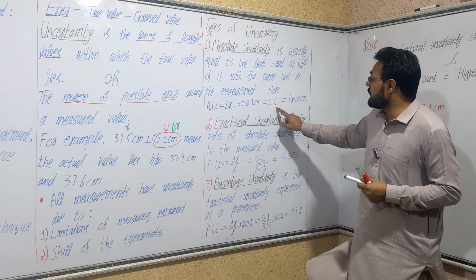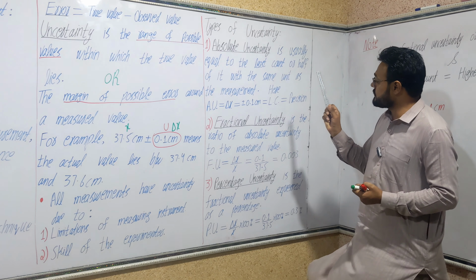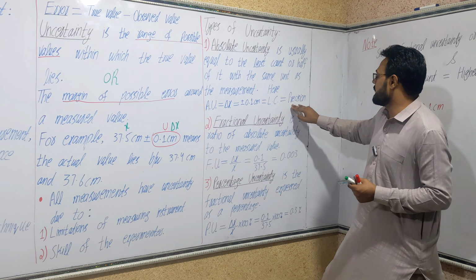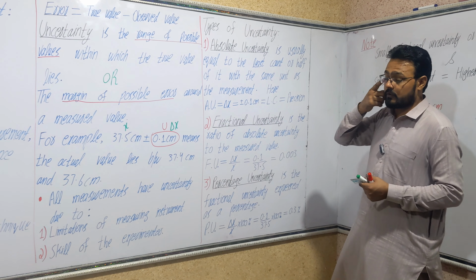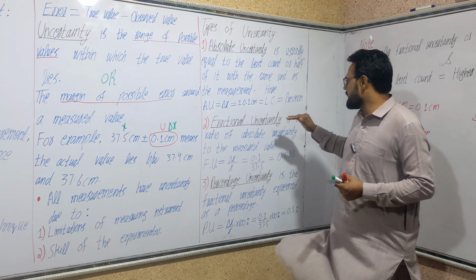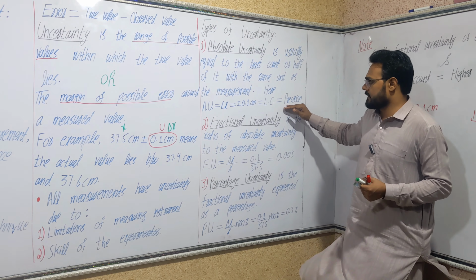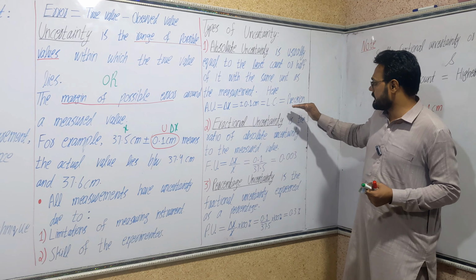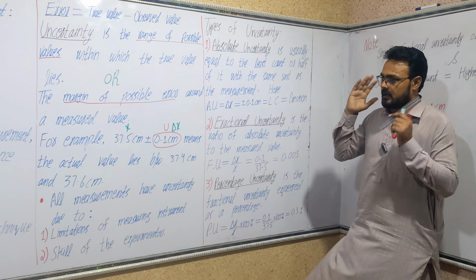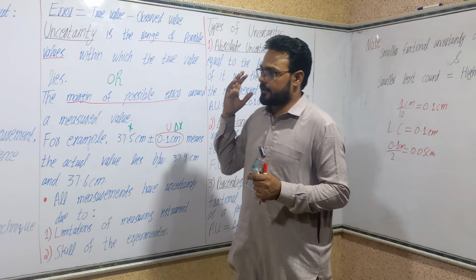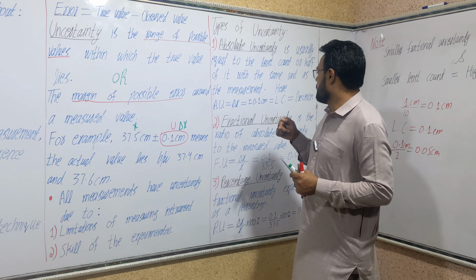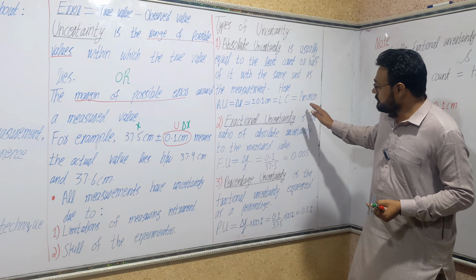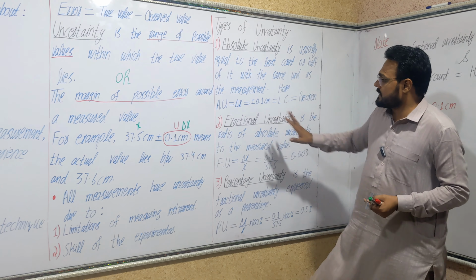This 0.1 is also the least count of this scale, and it is also the precision of this measurement. I already explained this in the previous lecture. If you didn't get this point or didn't take that lecture, you must go through it. I will put the link in the description. This is the absolute uncertainty.